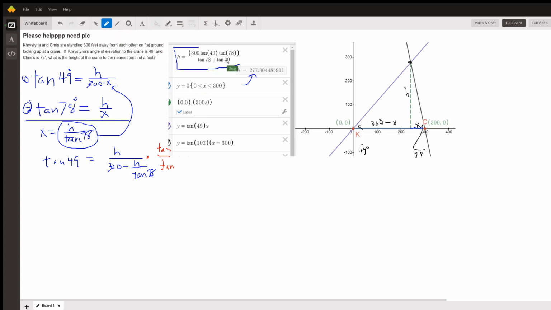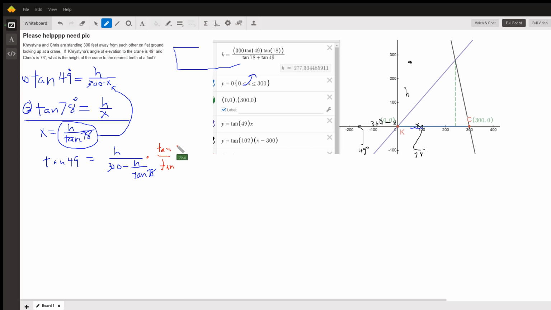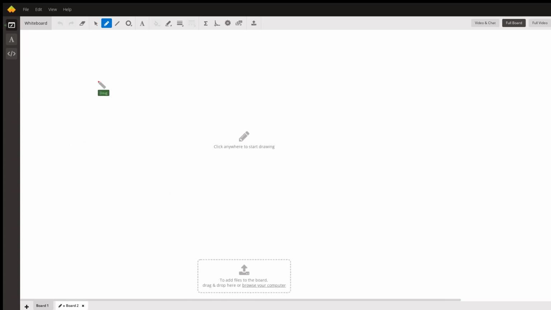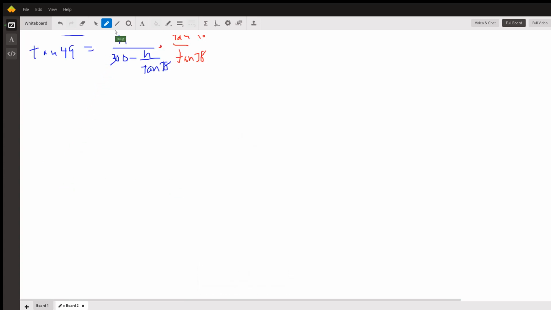It looks like I covered this is tangent of 78. And I'm going to take a picture of that and go to board 2. And just give you an idea of what happens.